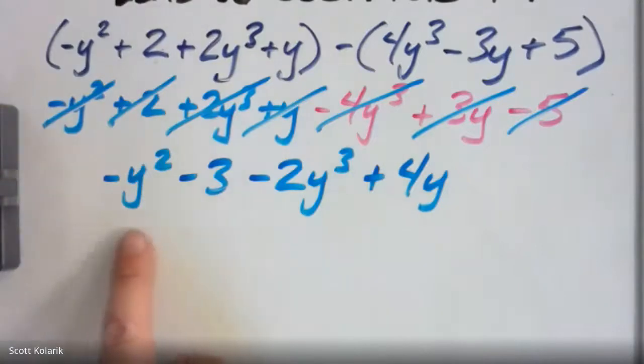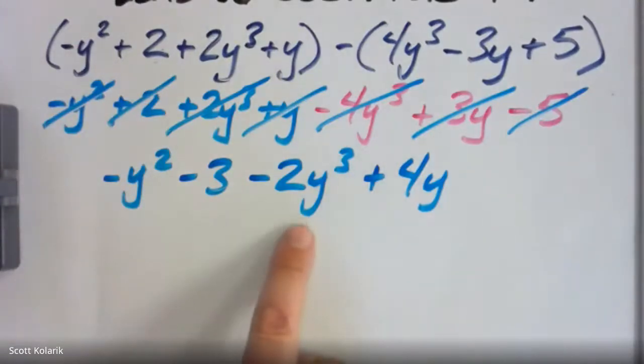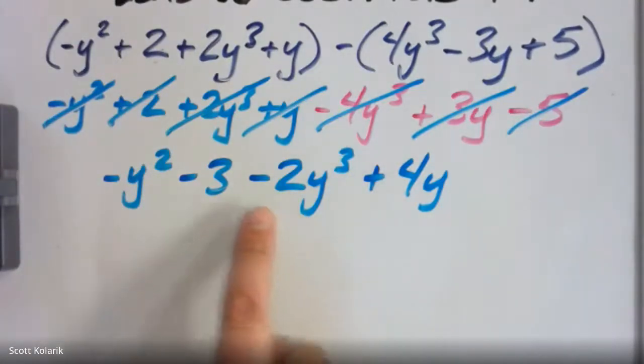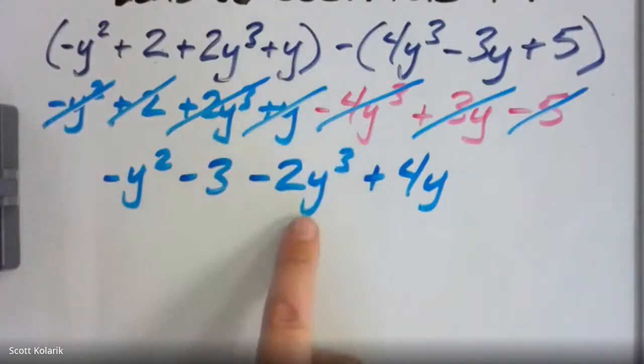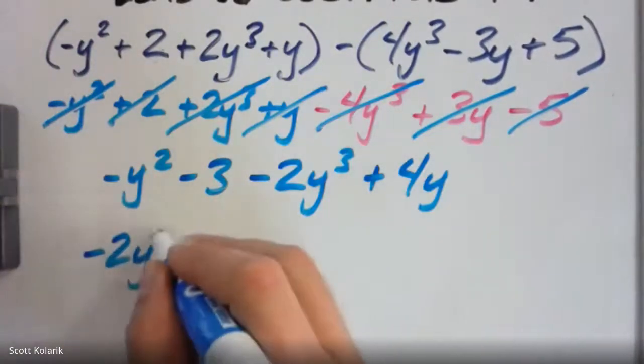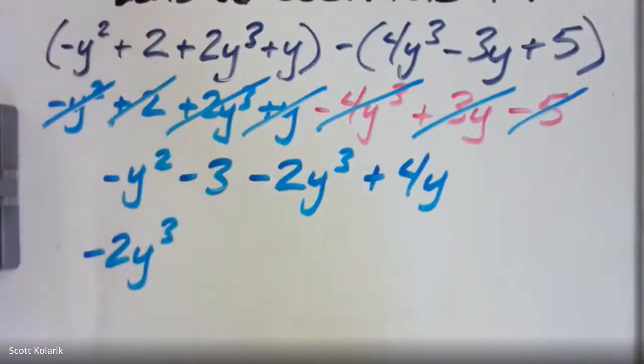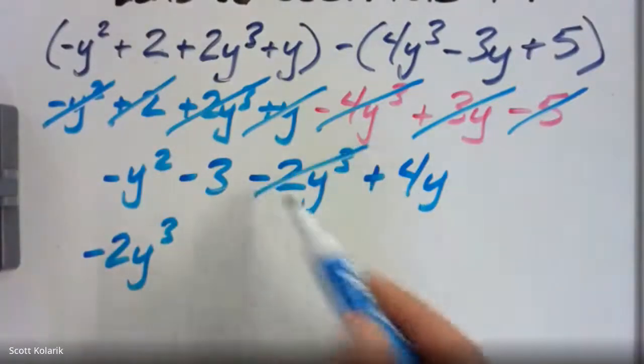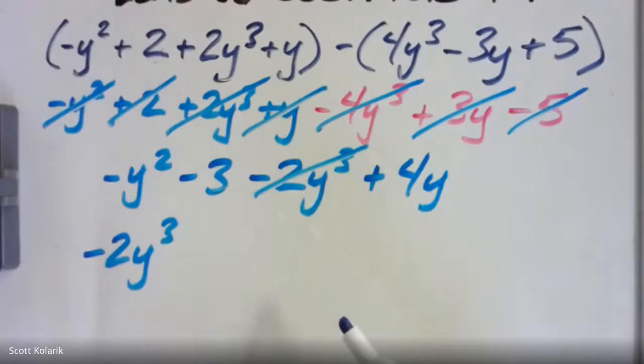Namely, I'm going to look for the biggest exponent here, this guy, the y to the third power, and I'm going to take that object and throw it in front. It's a negative 2y to the third power, so that's going to be moved up to the front. So that guy's done. Again, I use this little cross out thing to make sure I don't lose track of anything.